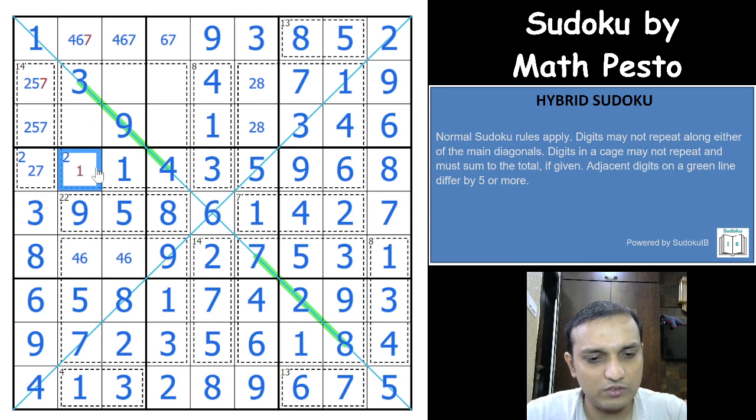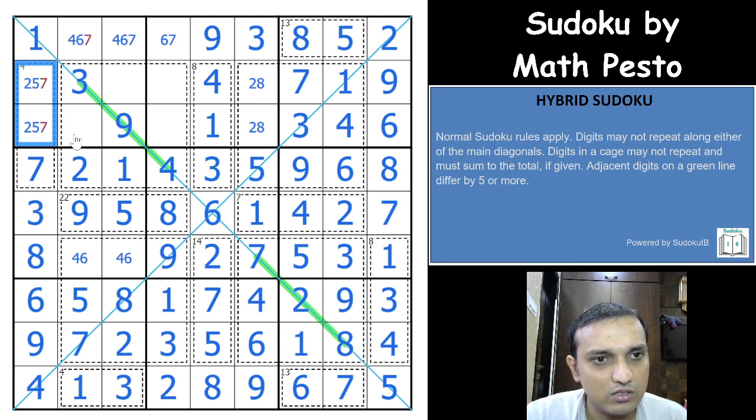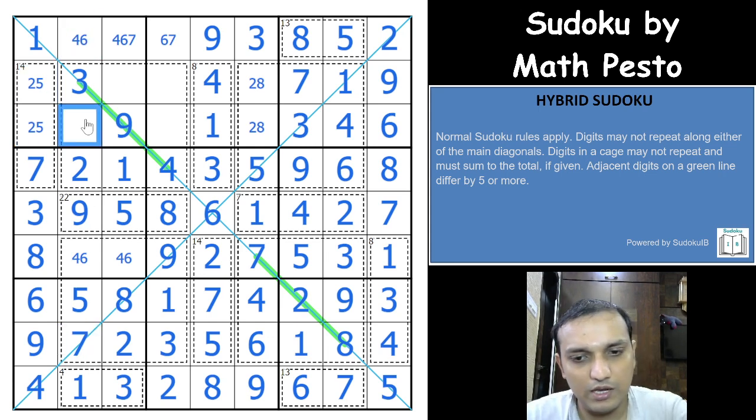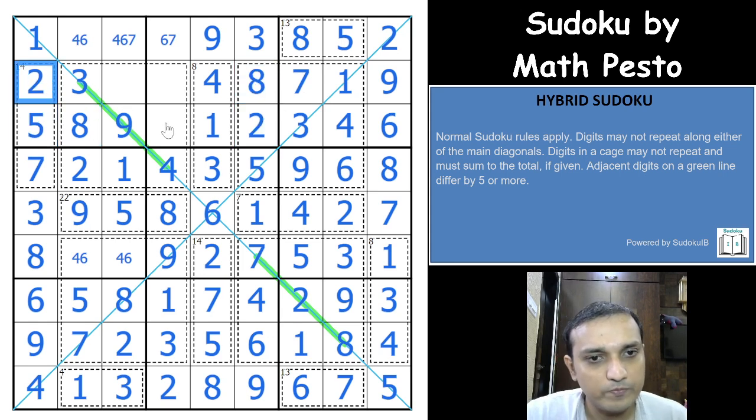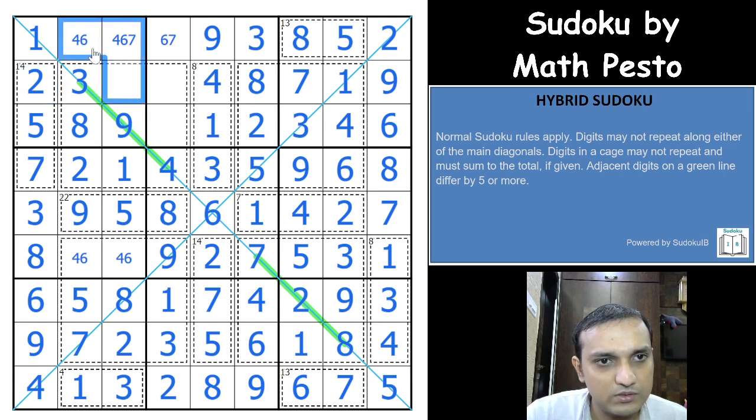This is 2 and 7, so this is 2, that is 7, 2 and 5 here. Okay, eliminate 7 from here, you need 2 and 5. This is 4 and 6, so this cell would have to be 8. That gives you 2, 8, 5, 2, 4, 6 and 7, right?